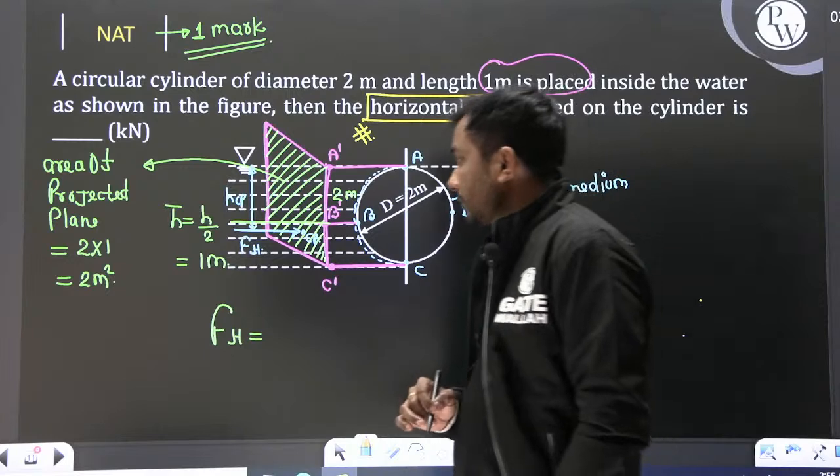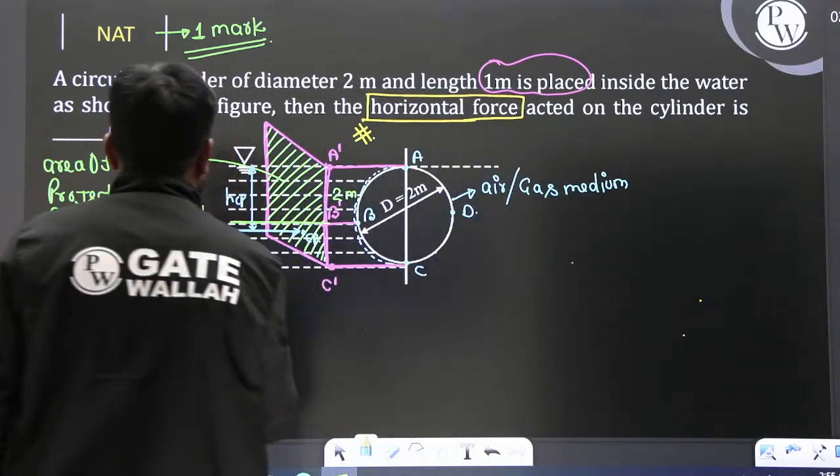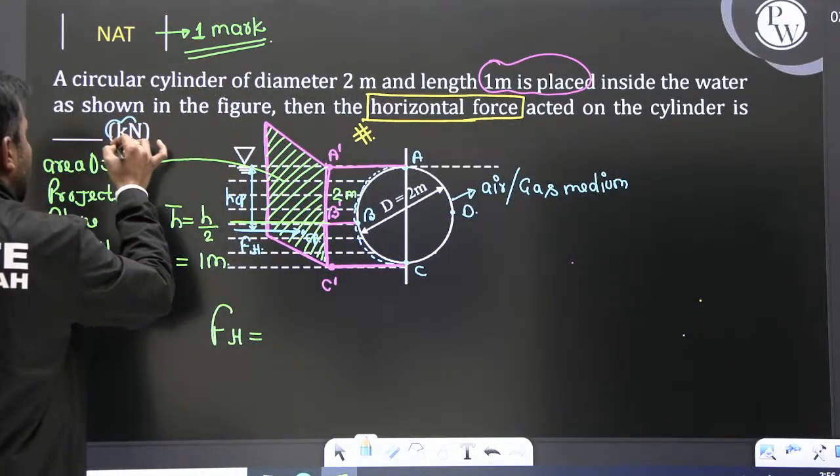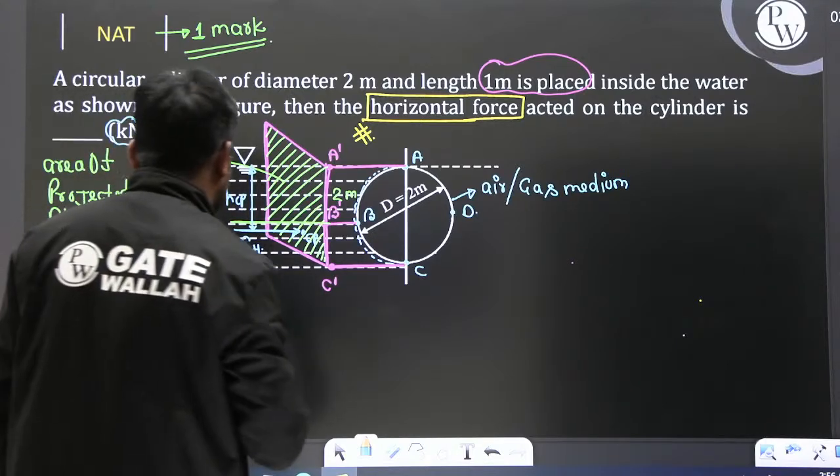So what is the magnitude of Fh? The horizontal force is asked in kilonewton.